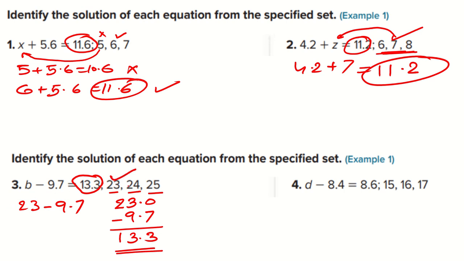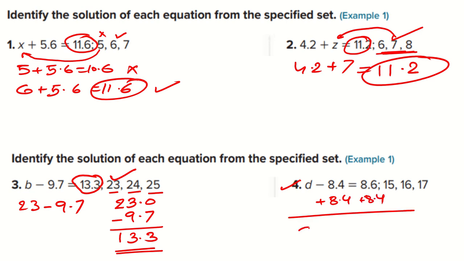If it is not, then you will try with the second option also. Or there is another method also, I will tell you. See, this is the method by substitution. What else you can do, I'll tell you in this question. With D you have minus 8.4. So what you do? You just add 8.4 on both sides.